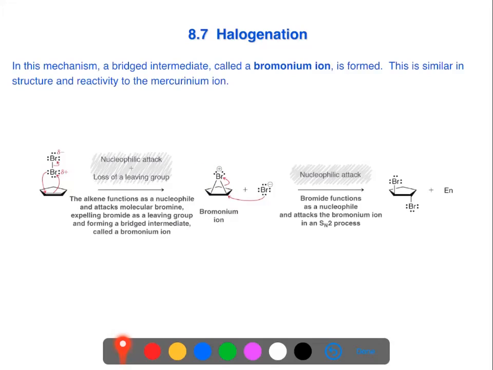This cyclic intermediate in a sense protects this side of the ring system. So the bromide really only has an opportunity for nucleophilic attack from the opposite side from which the other bromine has added.